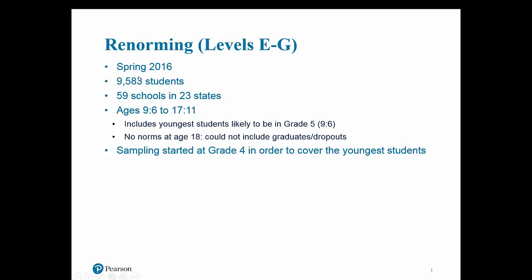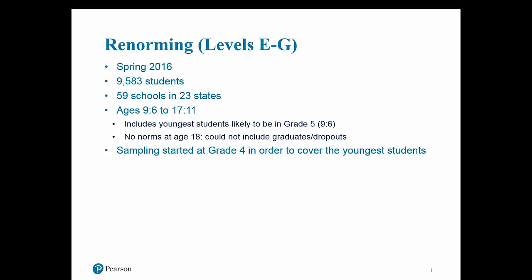We did not do norms for age 18, which NNAT does have norms for. It would have meant a substantially different kind of sampling process, because in order to have population representative norms at age 18, you need to include not just 18-year-olds who are in school, but also all 18-year-olds who are not in school, whether they're in college, or working, or they've graduated or dropped out, whatever the case may be.